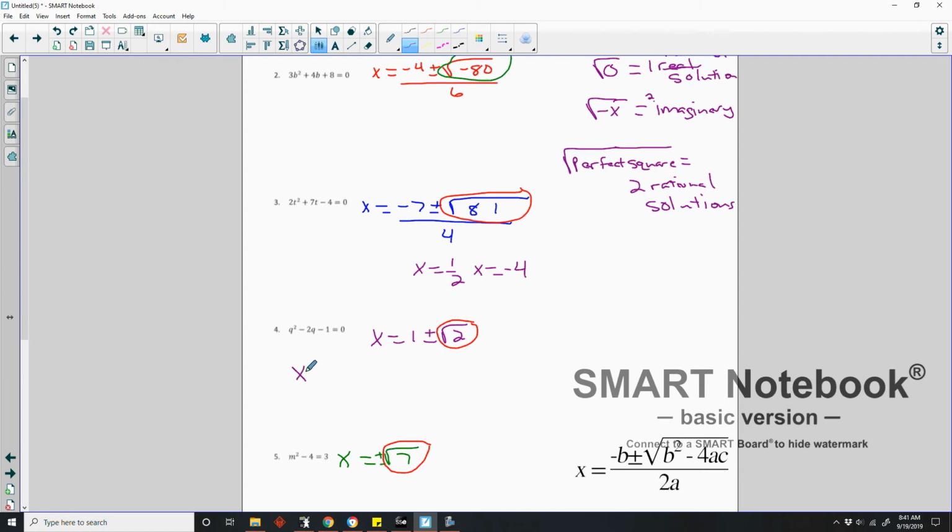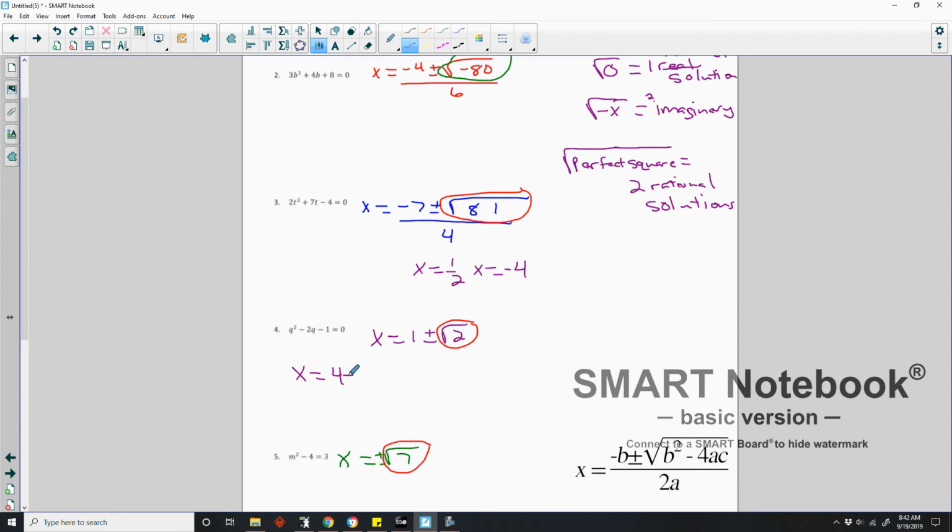Okay, but the radicand was... hang on, I just want the radicand, b squared minus 4ac. Negative 2 squared minus 4 times a, which is 1, times c, which is negative 4.